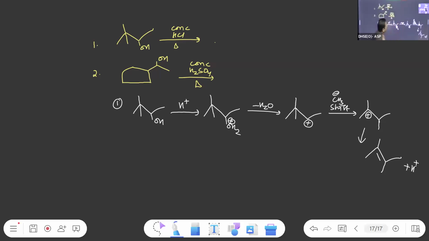See, here across the double bond, 4 alkyl groups are present. Across the double bond, 4 alkyl groups are present. So this is the case. Quickly note down.